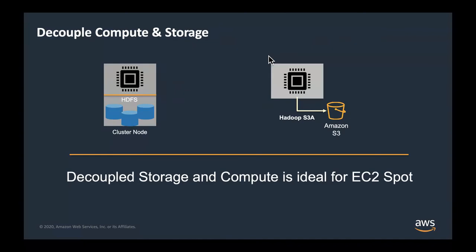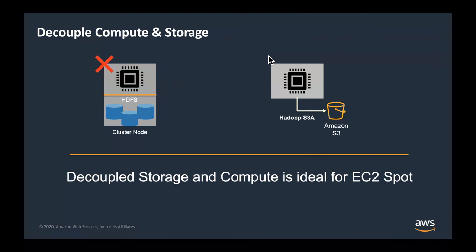So next what I'll try to show you is how decoupling compute and storage is ideal for EC2 Spot, and this is one of the best practice recommendations that we ask our customers to follow while they're running big data workloads. So consider you have a cluster node where you have compute and storage in a single box, and that node is interrupted due to Spot interruptions, which is by design. You not only lose the compute, you also lose the data which is in that node.